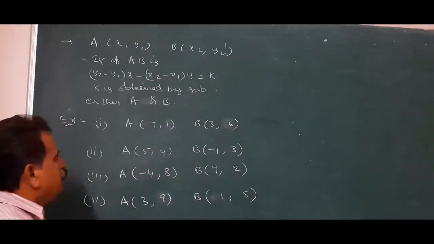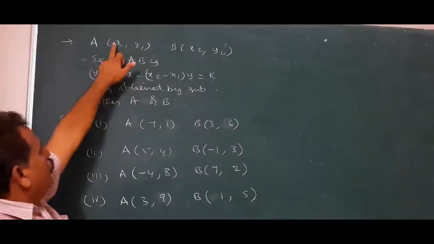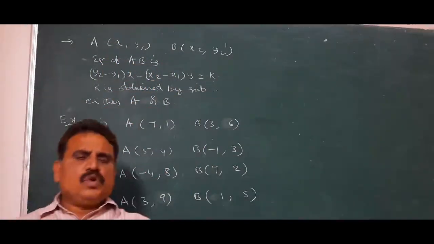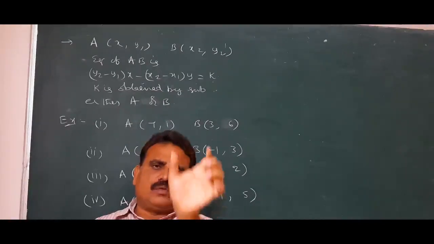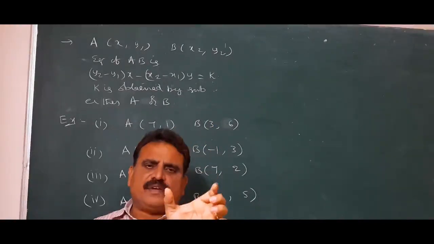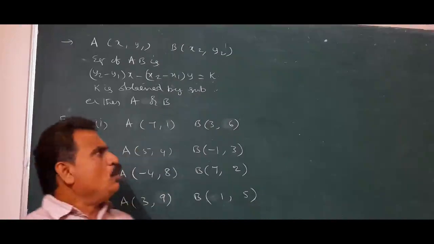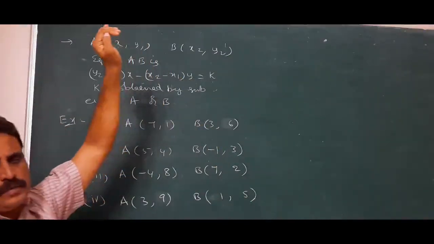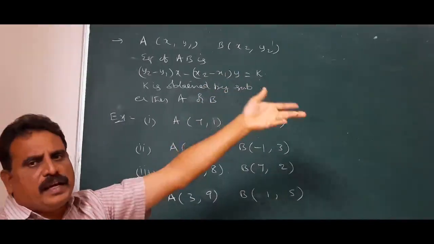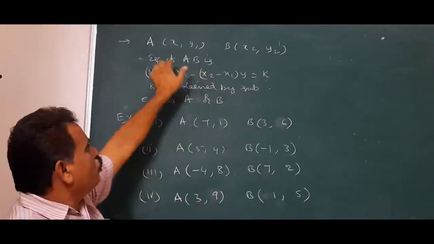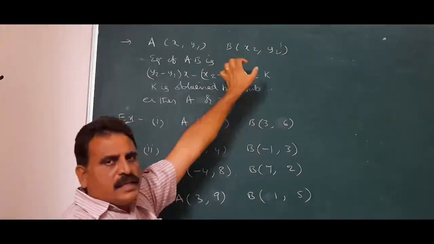Look here. Slope of AB, you know, is y2 minus y1 by x2 minus x1: difference of y coordinates by difference of x coordinates. In the previous case, a by b was the slope for the line ax minus by. In the same way, (y2 minus y1) by (x2 minus x1) is the slope.